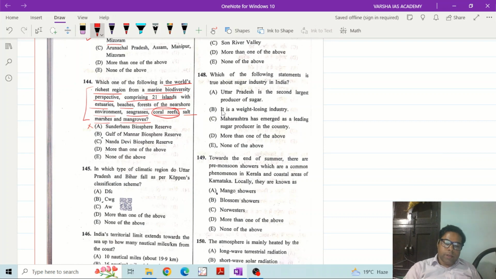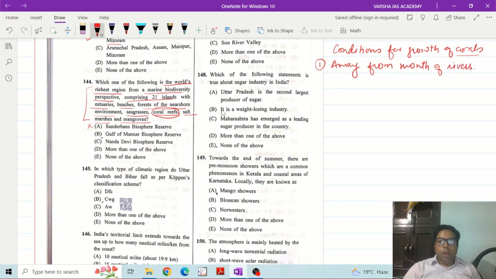If you see the conditions for the growth of corals, the first important condition is that they grow away from the mouth of rivers, because the heavy sedimentation at the mouth of a river blocks the corals, so they cannot grow very smoothly there.